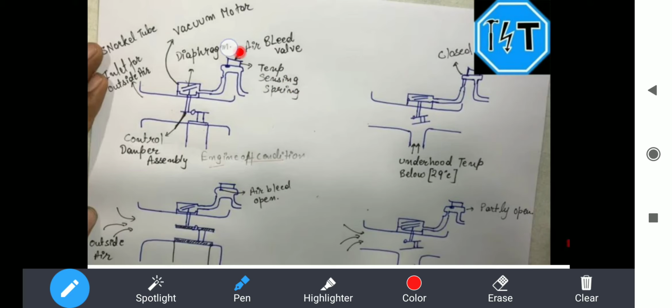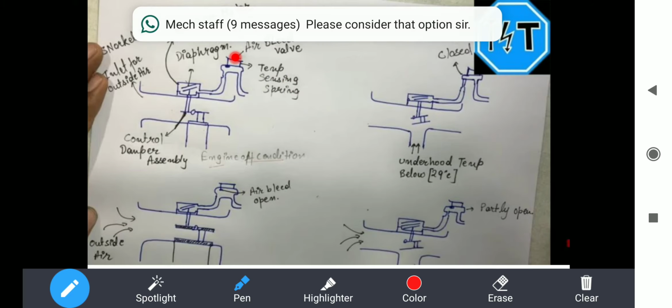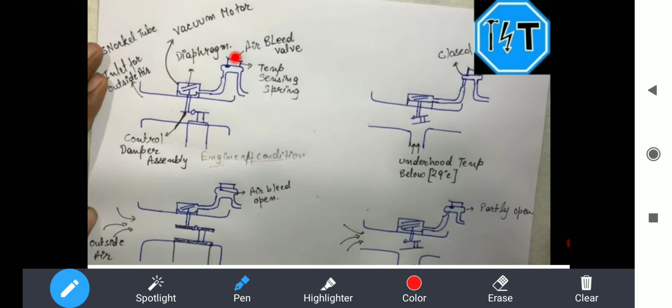On this side the spring is there, but once the diaphragm opens up, obviously the air bleed valve also opens, and from there the hot gases are released out. Also see the temperature sensor, from where the hot gases are released out.